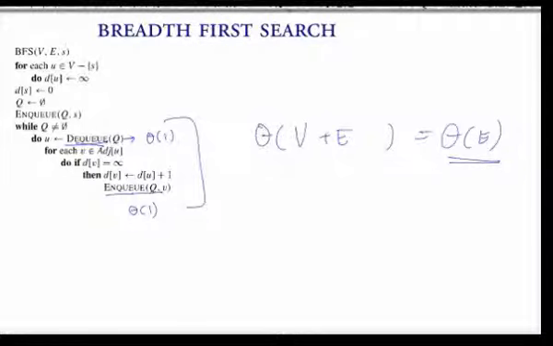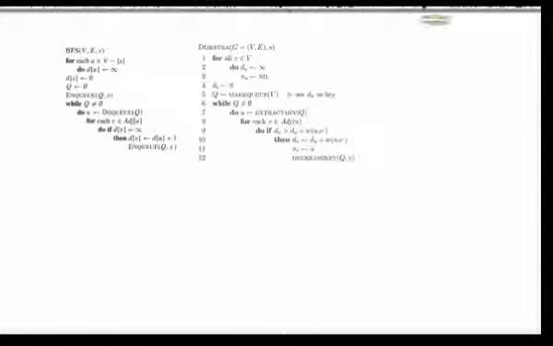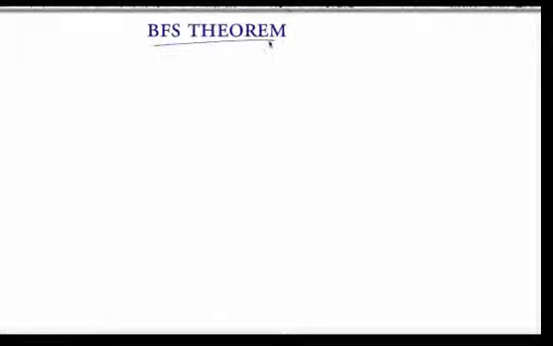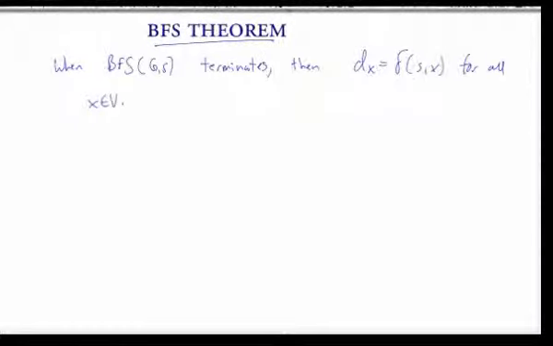If you put this code right next to each other, then in fact, you can see exactly the parallels right there. And the breadth first search theorem is that when you run BFS G comma S, you specify some starting node, then when it terminates, each of the dx that you leave it with is equal to exactly delta Sx when the edge weights are 1.